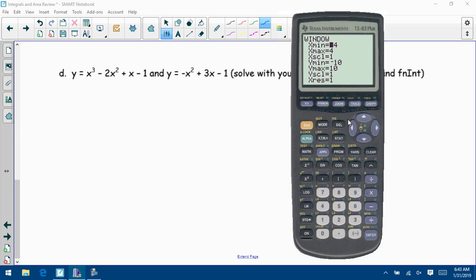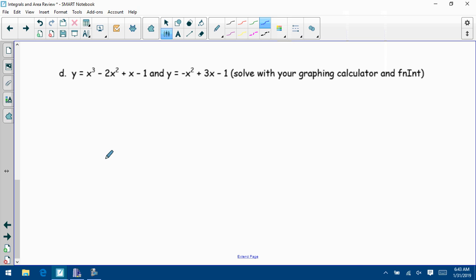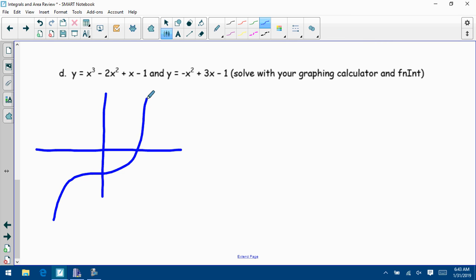Let's even shrink our y a little bit, from -5 to 5. We should be able to see that even better. Okay, so that region and that region. So draw that the best you can. My drawings aren't always great, so no judgment here. It's going to look like this and something like this.